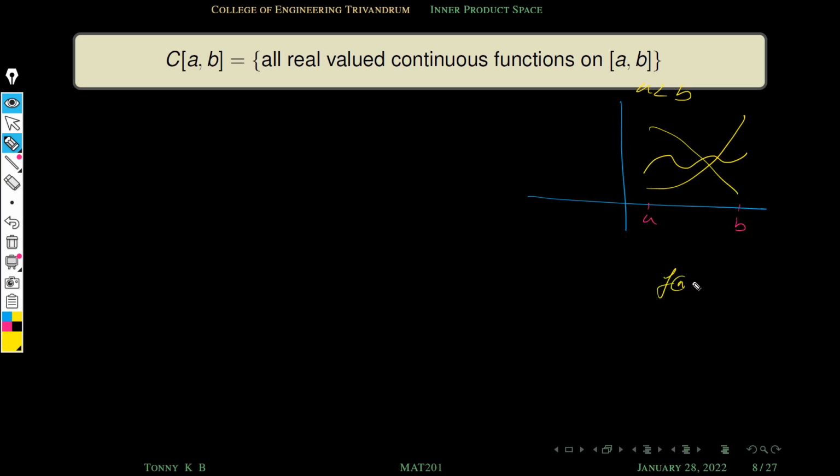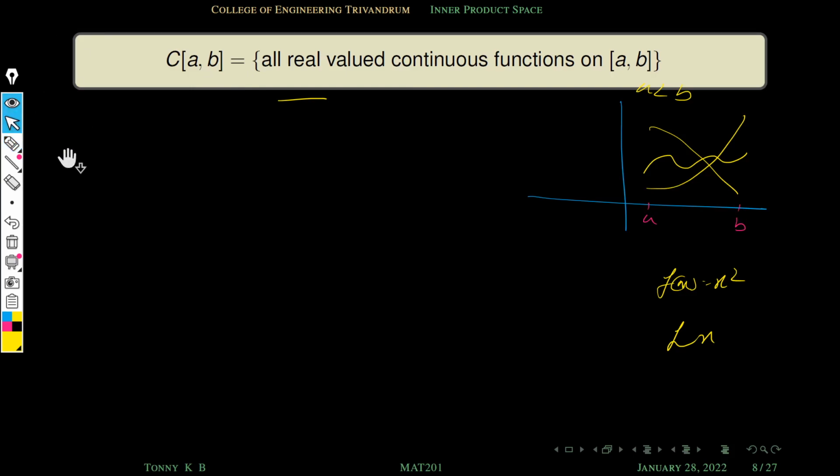For example, f of x is equal to x square. It's a well-defined function on the interval, so this function belongs to this class. Sin x is continuous in this interval, so sin x belongs to this class. Exponential functions, polynomial functions. The set of all real valued continuous functions on the interval [a,b] is denoted by C[a,b].